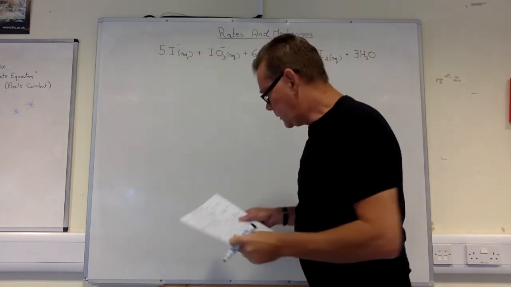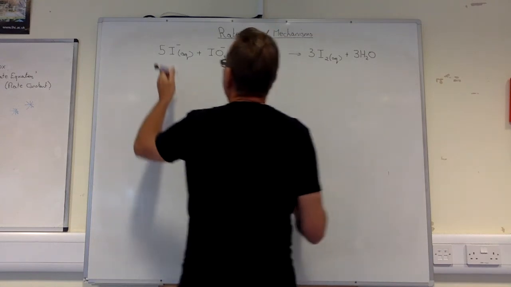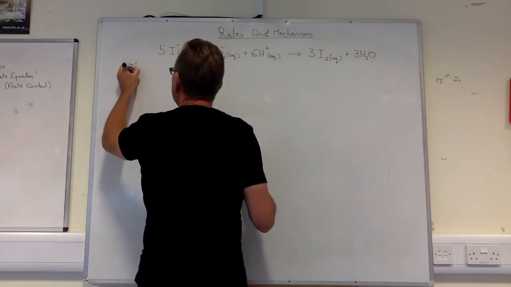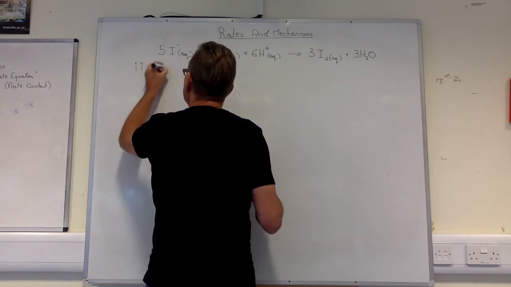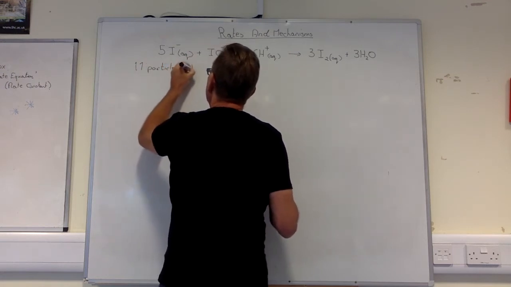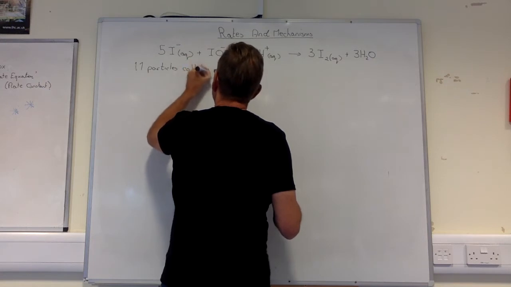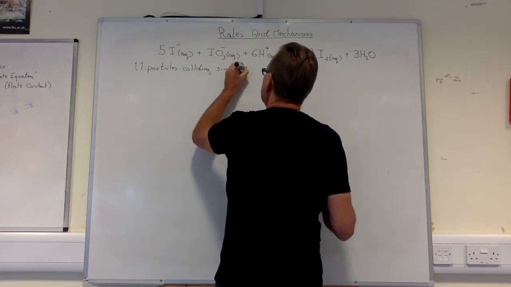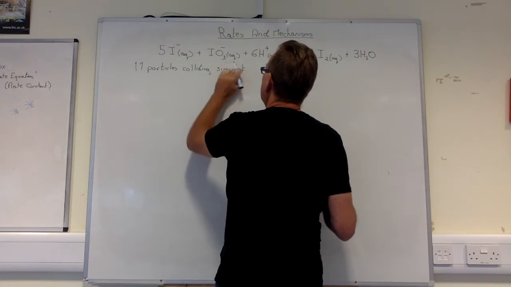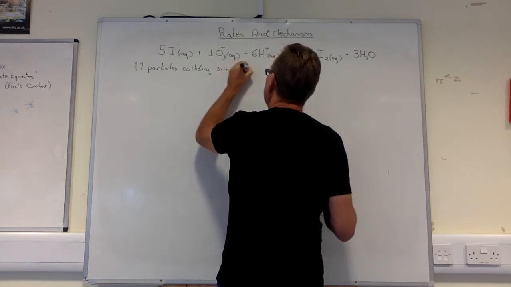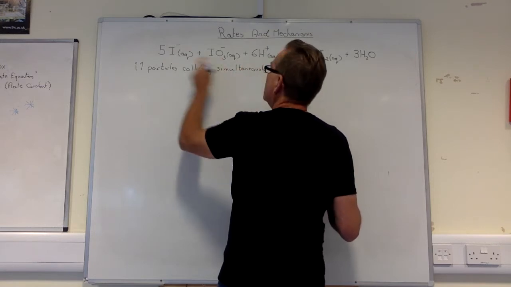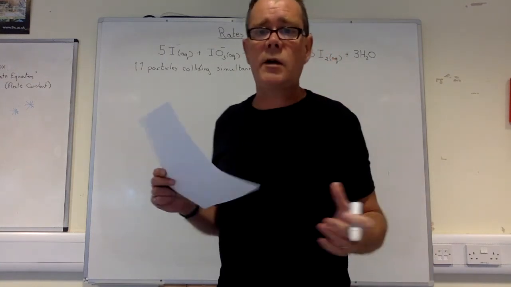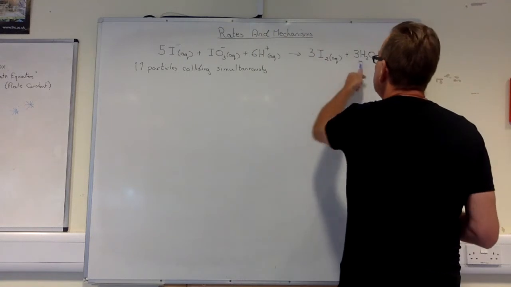It's unlikely because for this to happen in one step, you're going to need 11 particles colliding simultaneously. 5 of those, and 1 of those, and 6 of those all coming together in one great big step, all reacting, bang, like some kind of magical thing, and coming out with the 2 products there.